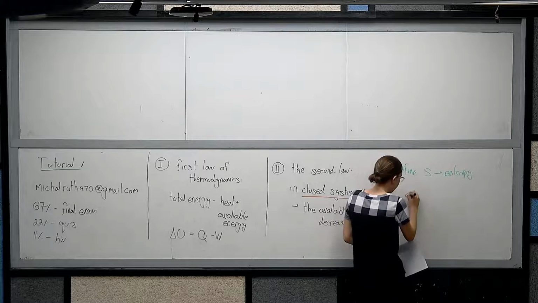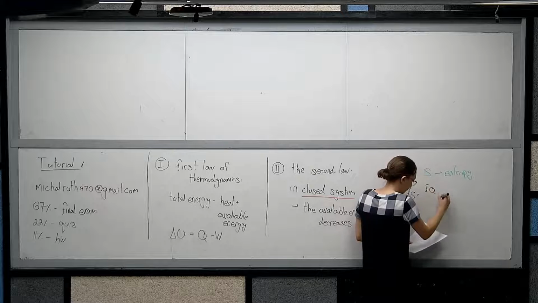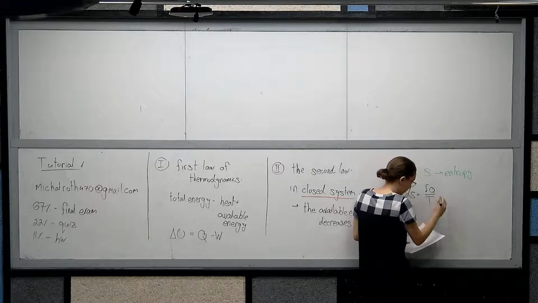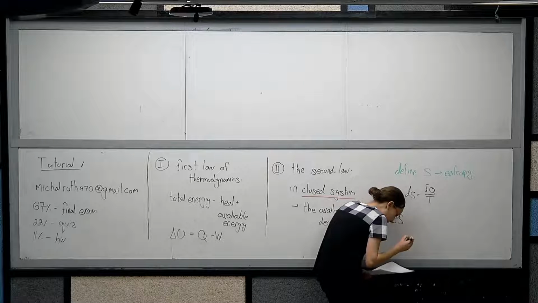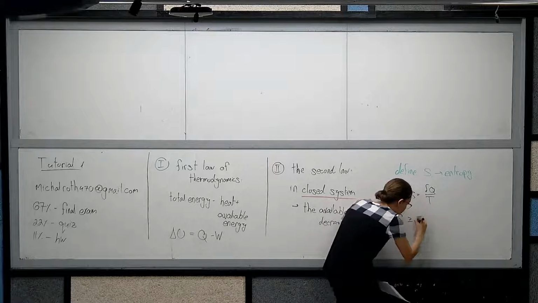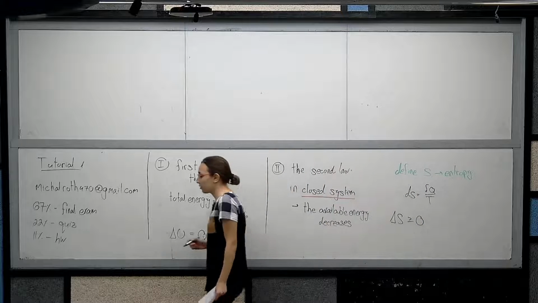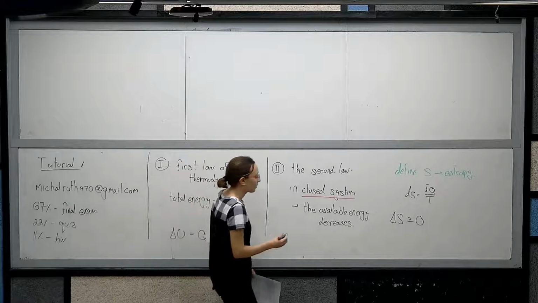It is defined as dS equals delta Q over T, and then we can write the second law of thermodynamics as delta S is always bigger or equal to 0. So the available energy decreases and the entropy can only increase or stay the same.